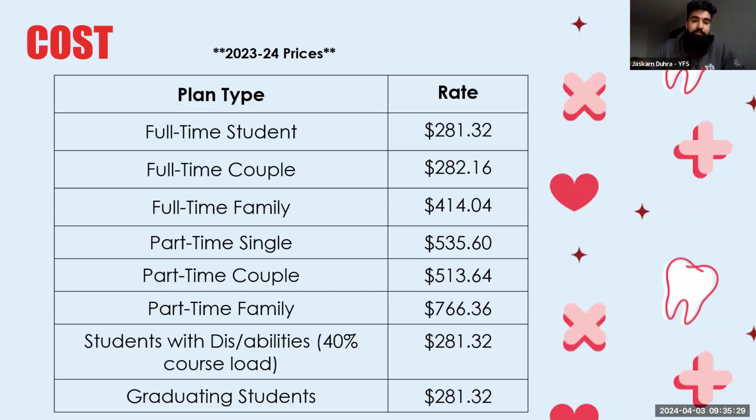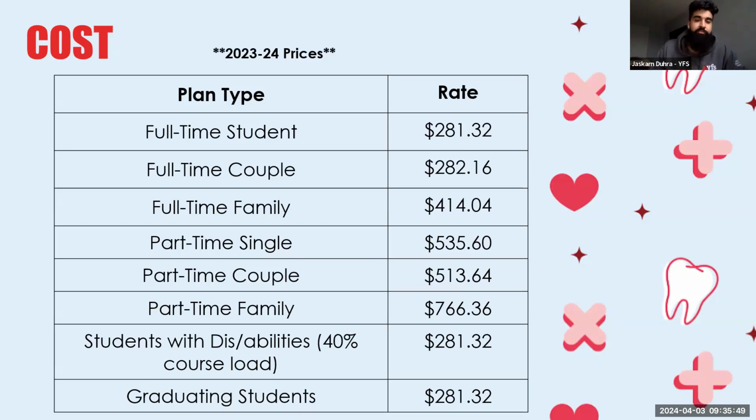For example, if I am a full-time student, the rate would be $281.32. If I would like to add a dependent, it would be an additional cost. So it would be not only the $281.32 for myself, but if I would like to add one more person, it would be $282.16.